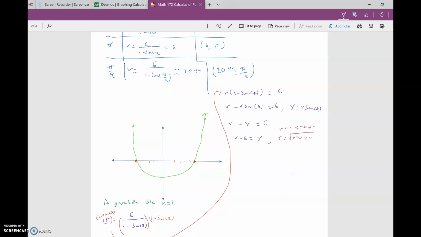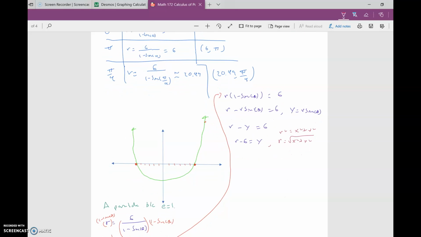So what you could do here is basically replace r with the square root of x squared plus y squared, technically minus 6 is equal to y. So rewrite it as the square root of x squared plus y squared is equal to y plus 6.